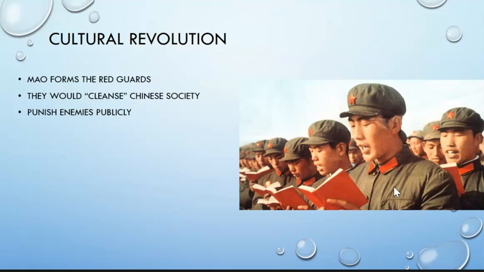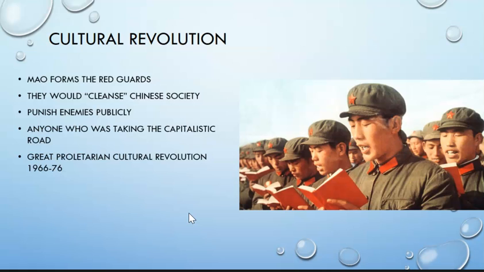They would be publicly humiliated and punished, sometimes even executed. Anyone who was taking the capitalistic road, as it was called, anyone who wasn't holding pure to communism, was going to be punished.